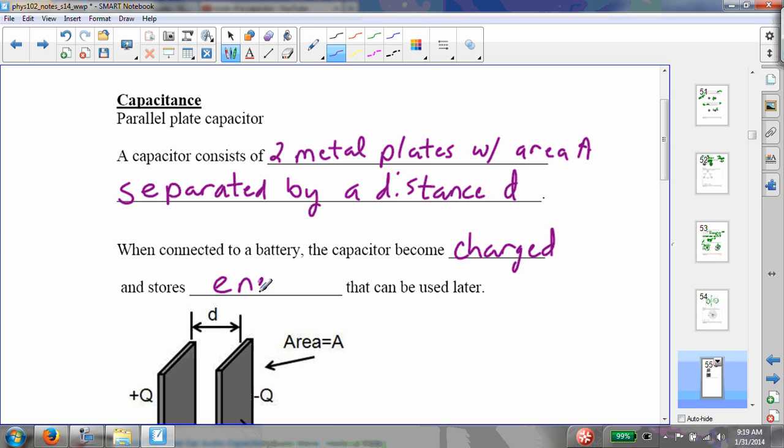And that's primarily the purpose of a capacitor, is that it can store a large amount of energy that can be used later.